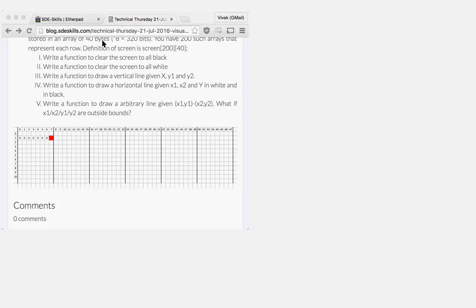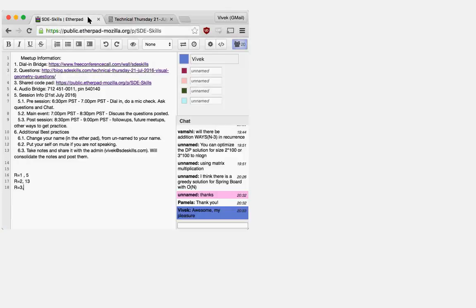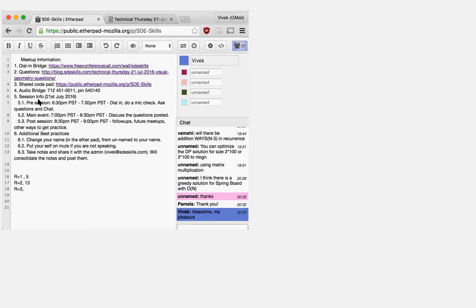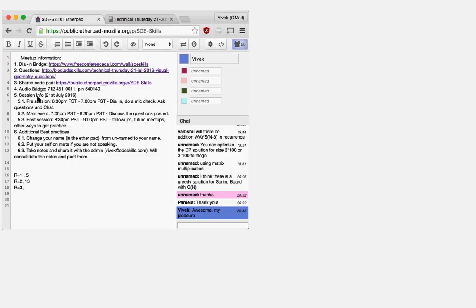Number one, what you've got to do is, first you look up the row that corresponds to your y1, which is y1 minus 1, since you're counting at 0. And then you got to figure out which byte in the row you're going to be dealing with. And I would think that would be x divided by 8, integer division, right?